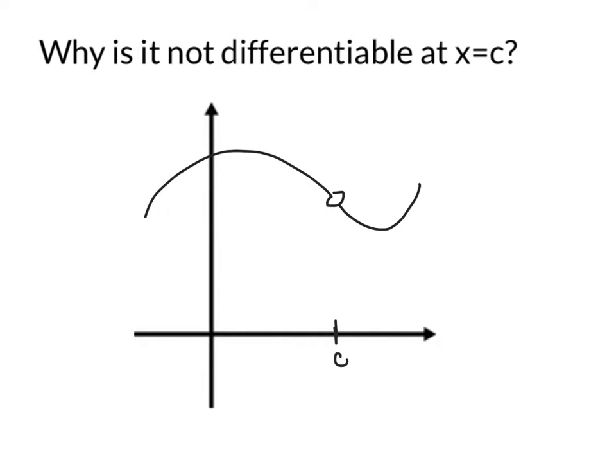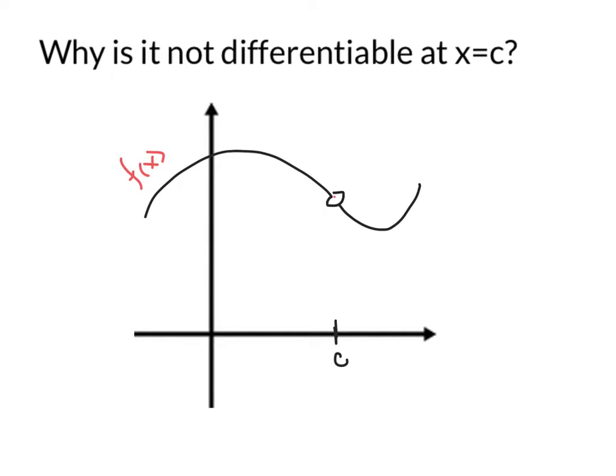So given those two small pieces of information that we know about the numerical derivative, why is it that I can't find the derivative of the function at c? Right? So if this is our f of x, and I'm trying to find the derivative at c, well, c doesn't even exist.